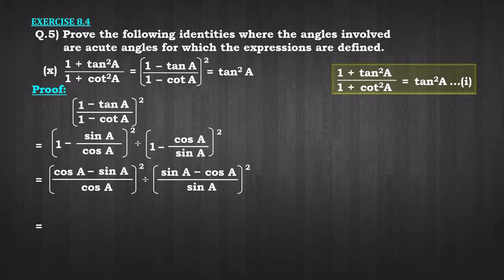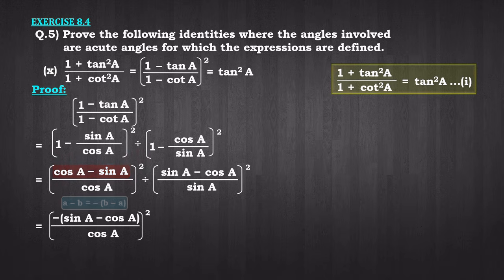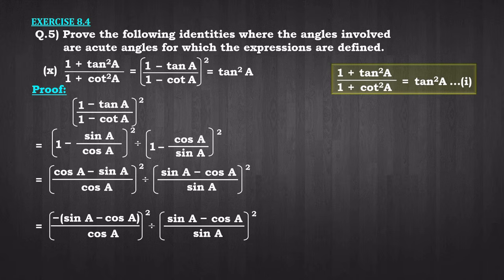Now use the fact that a − b is equal to minus of (b − a). Therefore, cos A − sin A becomes minus of (sin A − cos A). So, the expression becomes (−(sin A − cos A) upon cos A)² divided by ((sin A − cos A) upon sin A)².